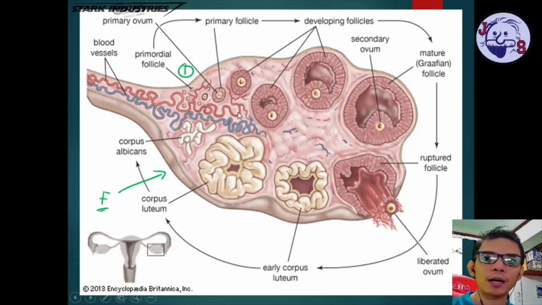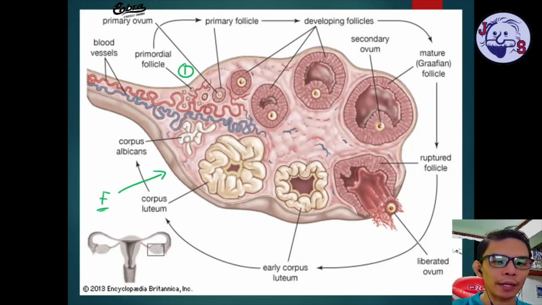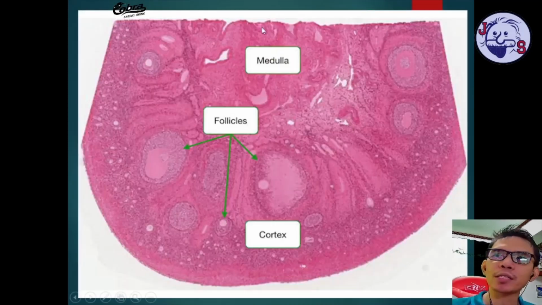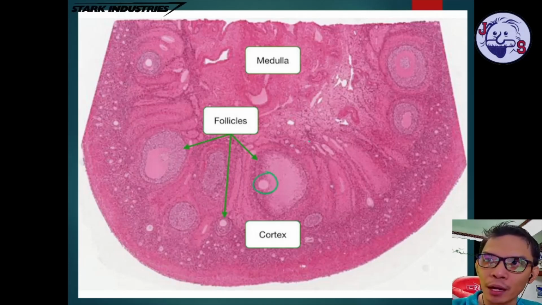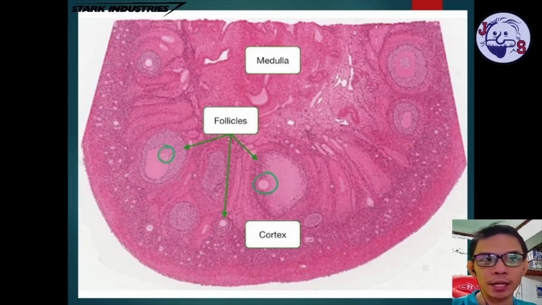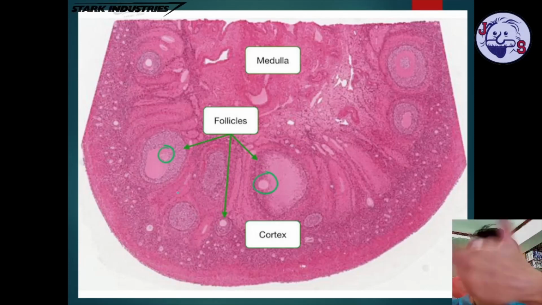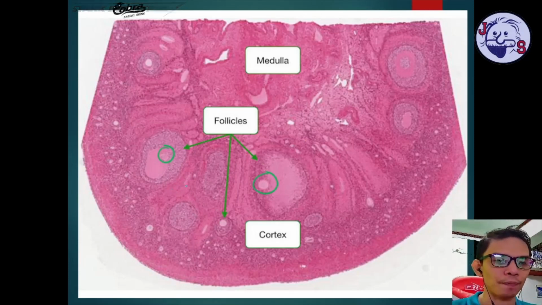So that is the overall look of the ovary that we have right here. Now this is the actual view of the ovary in the microscope. As you can see here, these are the follicles, and each follicle contains the egg cell, which later on will undergo ovulation.